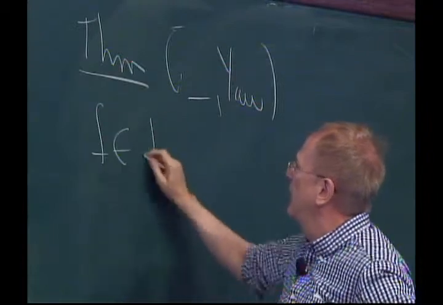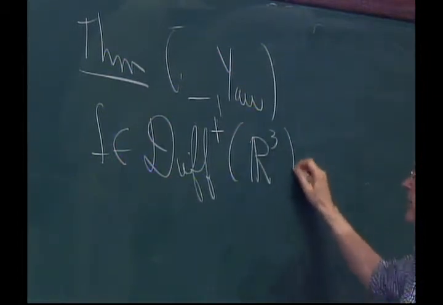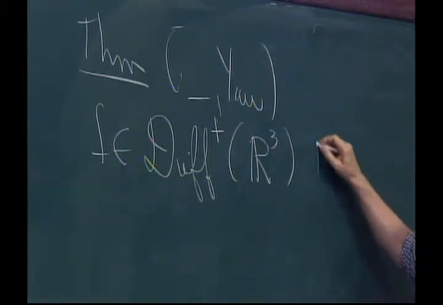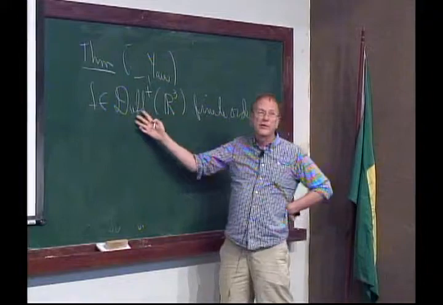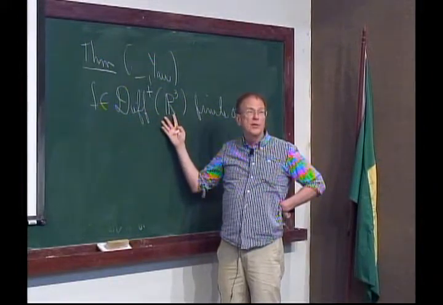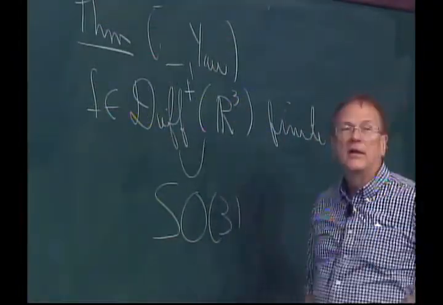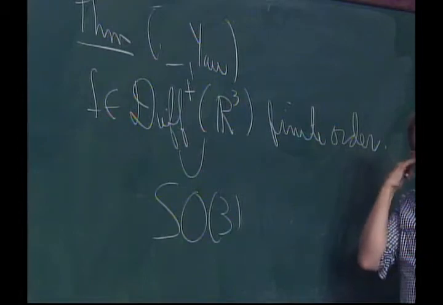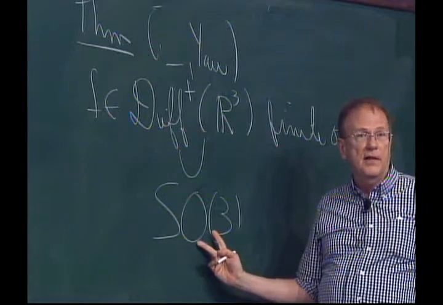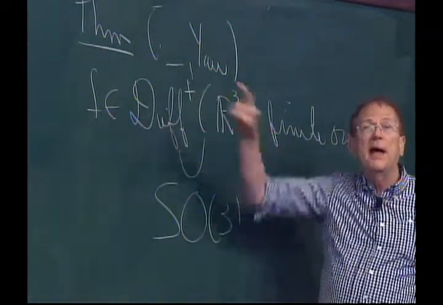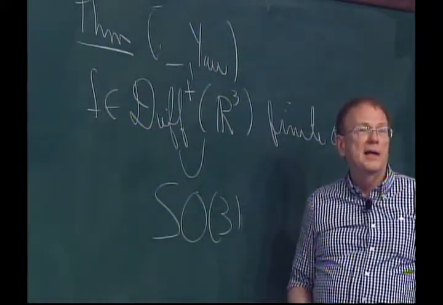Take F in the group of diffeomorphisms of R3, an orientation preserving diffeomorphism that's periodic, of finite order. Inside of this group, we have the subgroup SO3, and we have lots of finite order elements in this subgroup, that rotate around a straight line passing through the origin by a rational multiple of pi, or 2 pi.